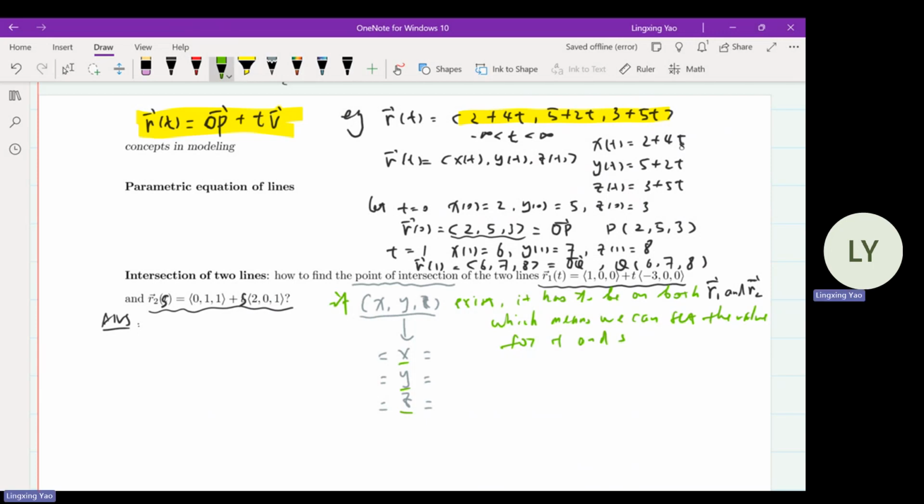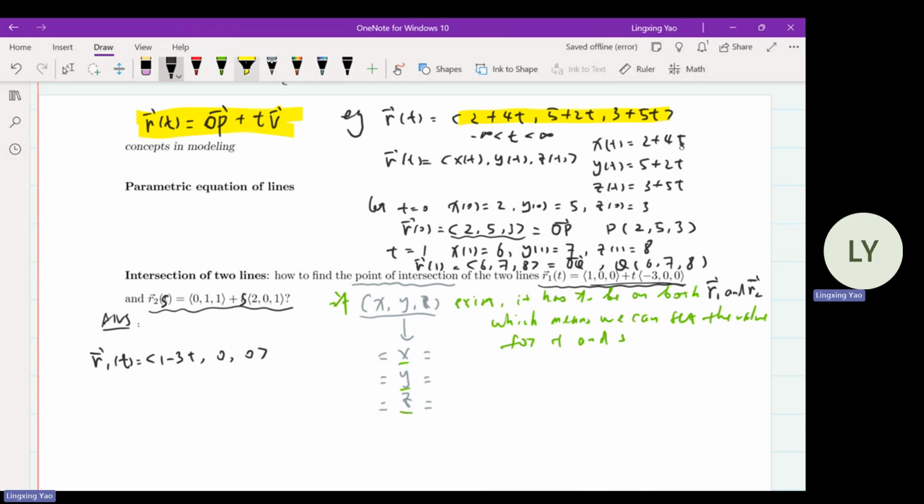So maybe we should first simplify this notation. What is R1 of t? It is this one, but we better make it one simple vector, which is 1 minus 3t, and 0 plus 0t, and 0 plus 0t again. And this is our R1 of t.